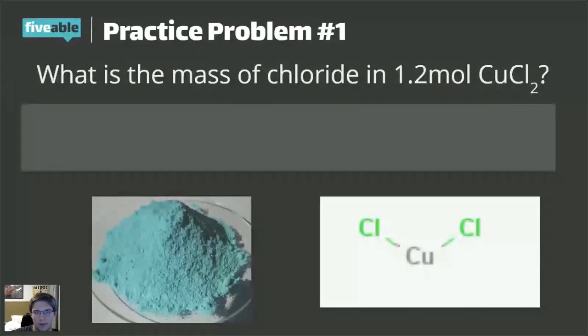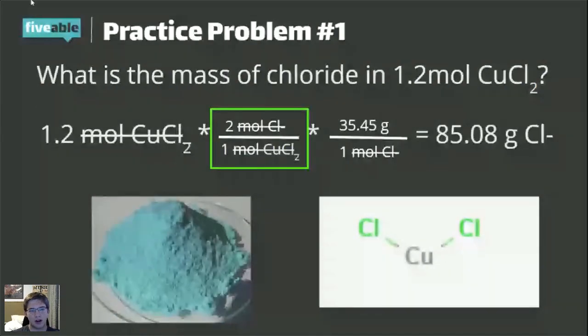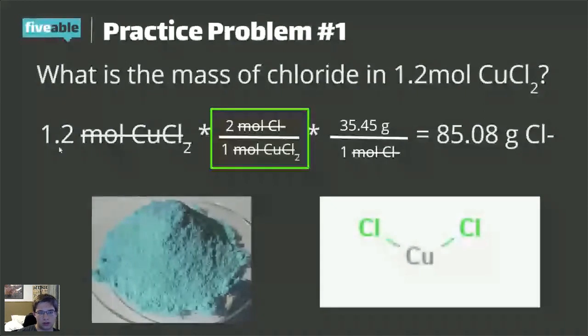Right, so think about this for a second. And I'm just going to show the answer right now. We start with 1.2 moles of copper 2 chloride, stating the problem. However, they're asking about chloride, not about copper 2 chloride. So first we have to find out how much chloride is actually in copper 2 chloride.